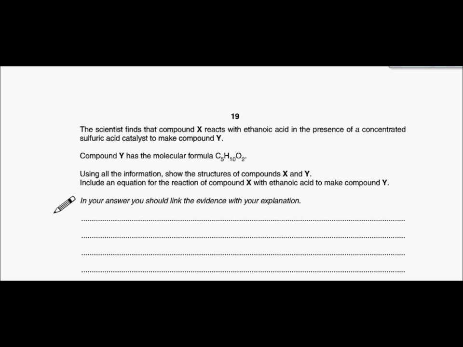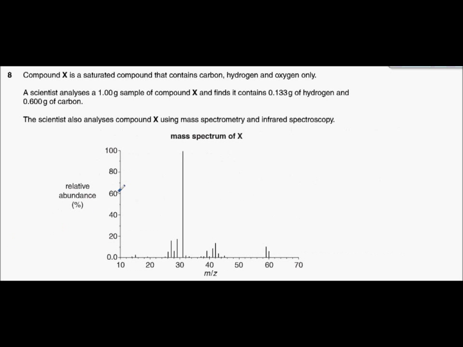So we're going to go right back to the beginning, and we're going to start with the first piece of information it gives us. If we highlight this piece, this is the information we've got to use.